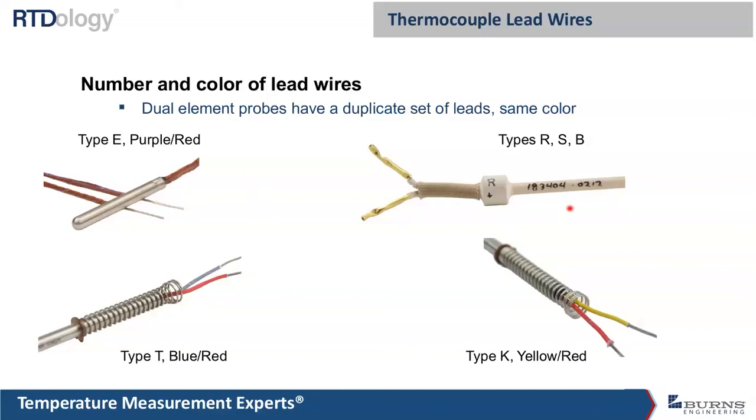And on the high temp versions, these are all platinum and platinum rhodium conductors. They will be either a type R, S, or a type B. And what this manufacturer did, they actually wrote R right on it and labeled the positive lead right here. With these, there's really no other way to do that.